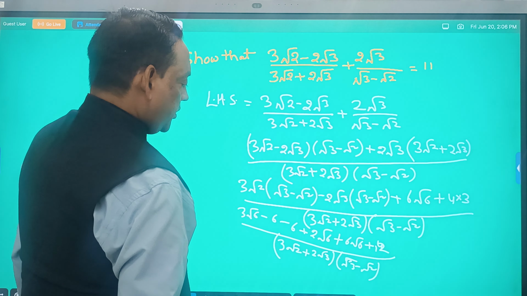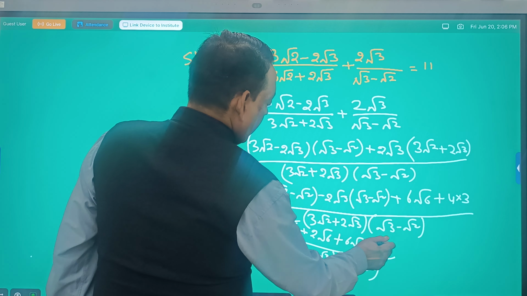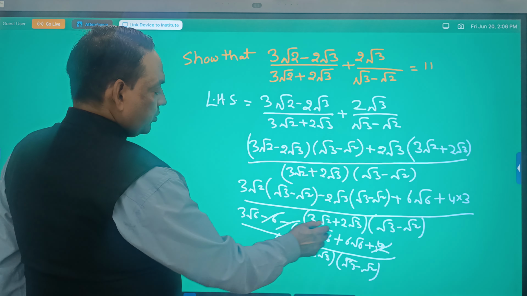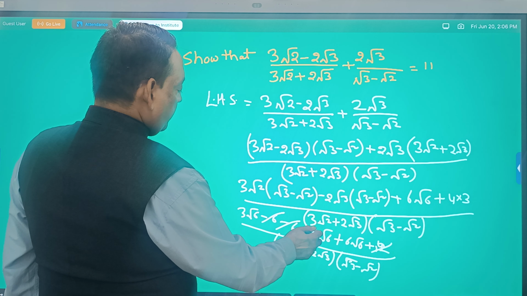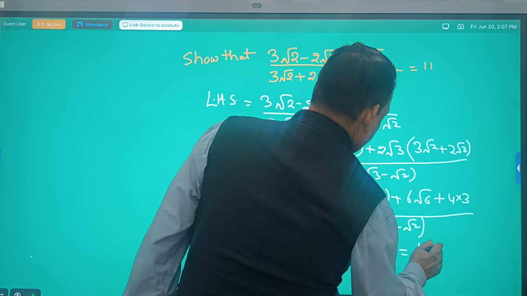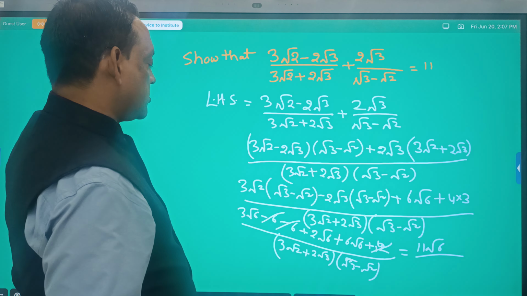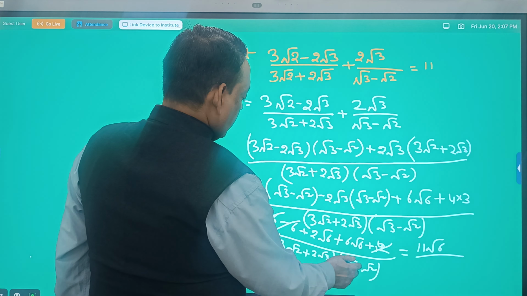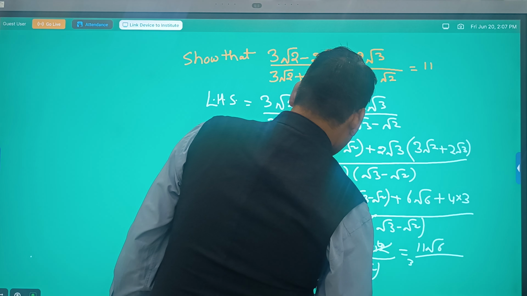Okay, so if you see here, minus 6 becomes minus 12, and this plus 12 gets cancelled. The next will be all with the root 6 given here, so 3 root 6, 2 root 6 become 5, 5 plus 6 become 11 root 6. Now we have to multiply the denominator also. So 3 root 2 into root 3, so it becomes 3 root 6.